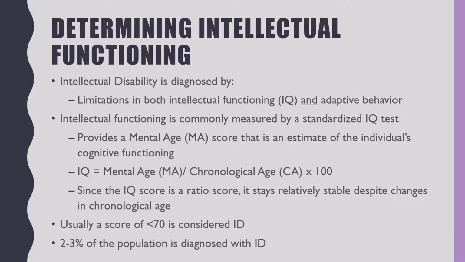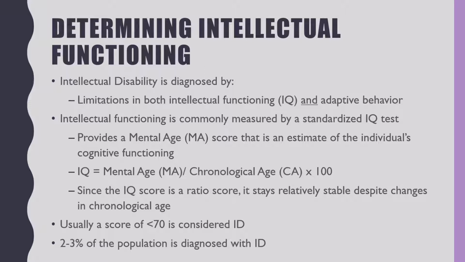Intellectual functioning is determined by giving an IQ test, which measures one's capacity to learn, not the amount of information they have learned, in areas such as short-term memory, analytical thinking, mathematical ability, and spatial recognition.